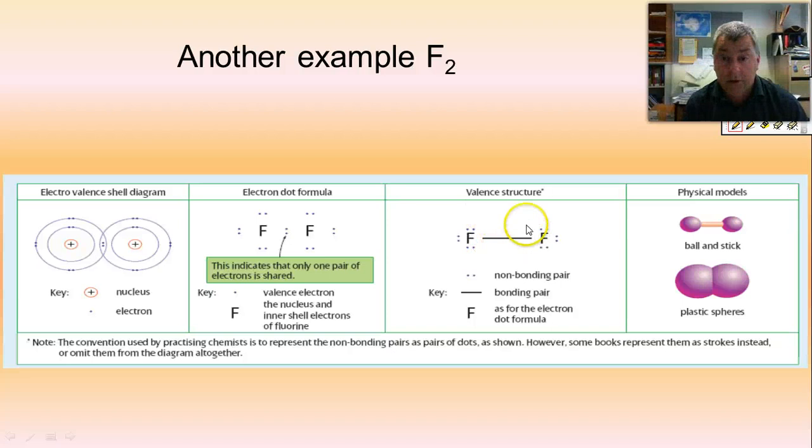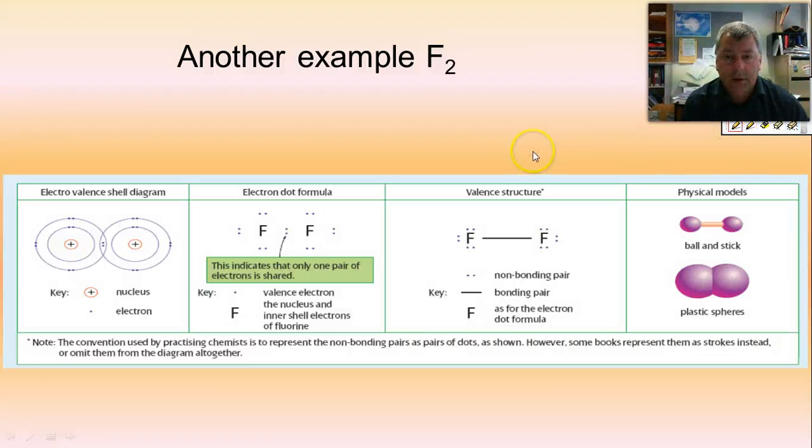It's just the way we draw it here in Tasmania. This textbook does that. And this is the ball and stick, and this is the space filling model of it. So make sure you understand what they've done there. And remember, if we were asked to draw a structural diagram of it, we would just write F-F like that. No dots.